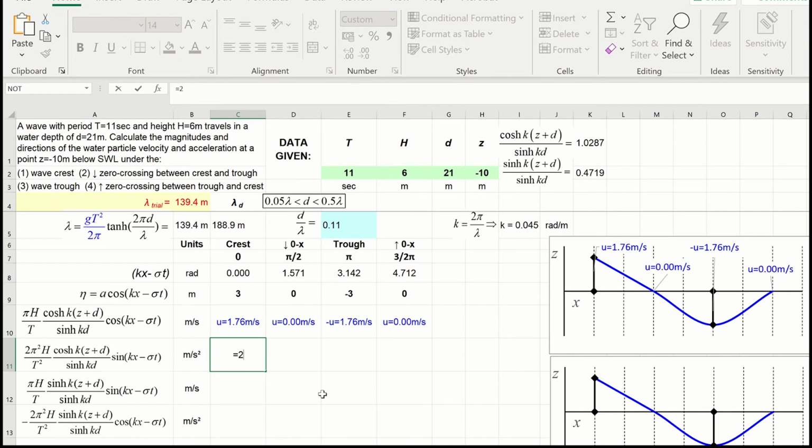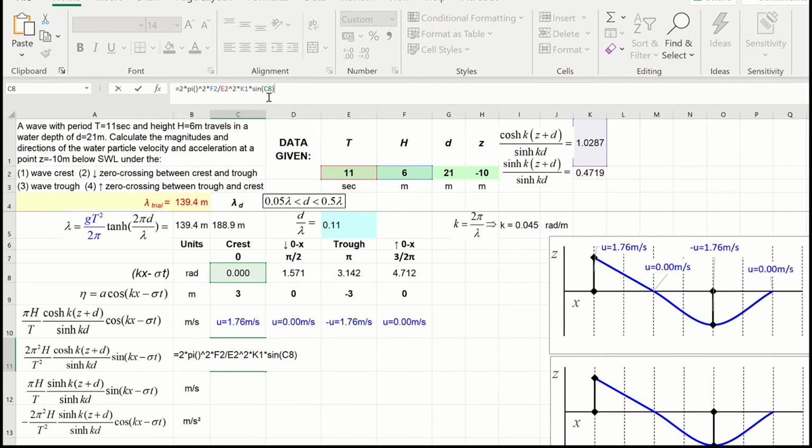So equal 2 multiplied by pi in power 2 multiplied by wave height divided by wave period in power 2, and now multiply by the ratio of hyperbolic cosine to hyperbolic sine, which is again from here, and now multiply by sine, and in brackets we have kx minus sigma t. So sine, open bracket, kx minus sigma t, close the bracket.